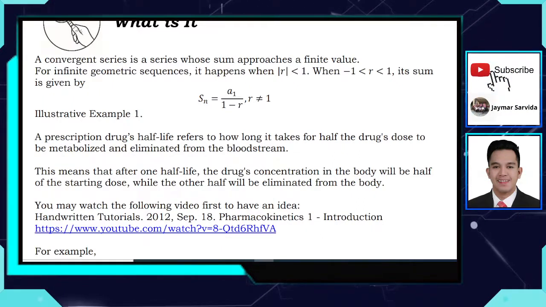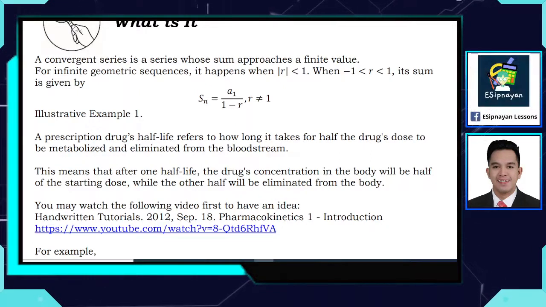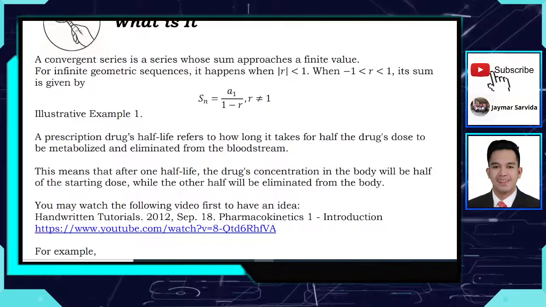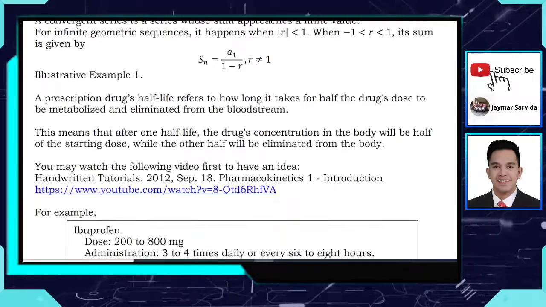S sub n equals a sub 1 all over 1 minus r, where r is not equal to 1. Okay? So again, dapat yung ating ratio ay less than 1 but greater than -1. So let's have an example.